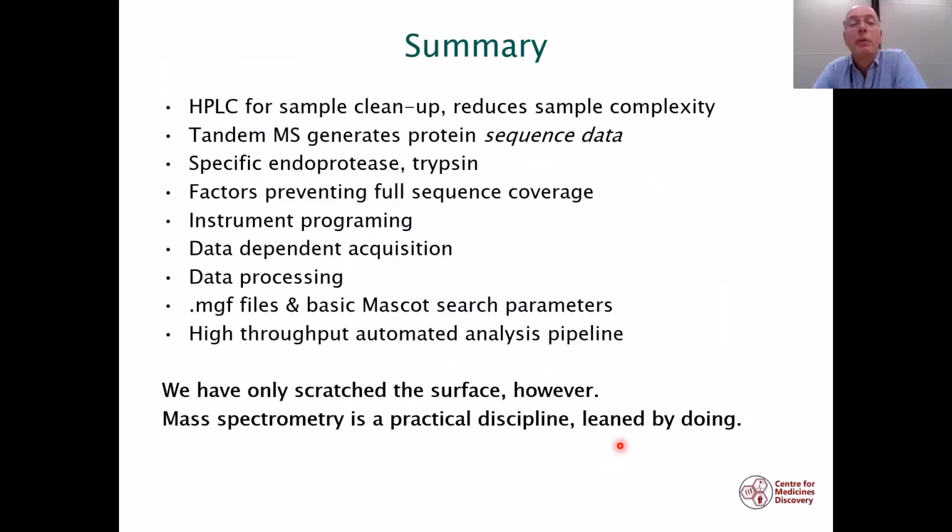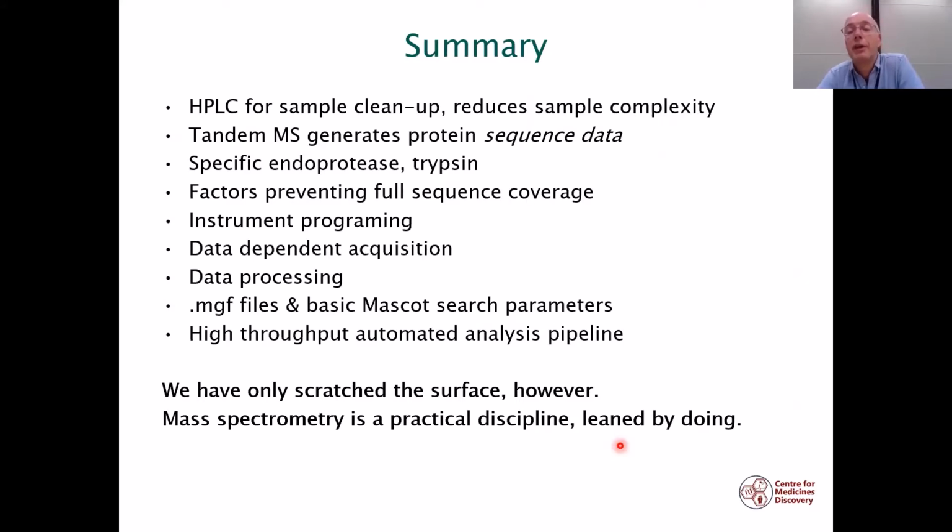So that's all I want to say about protein characterization by MSMS. Just to summarize, we use HPLC for sample cleanup. It reduces sample complexity. Tandem MS generates protein sequence data.